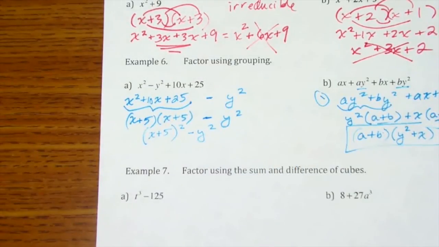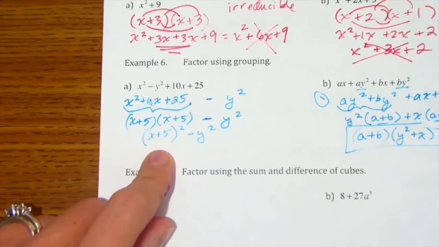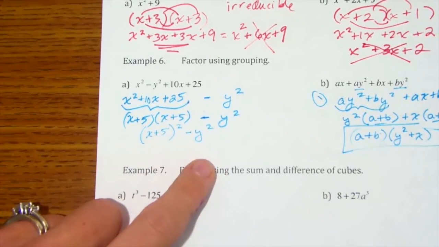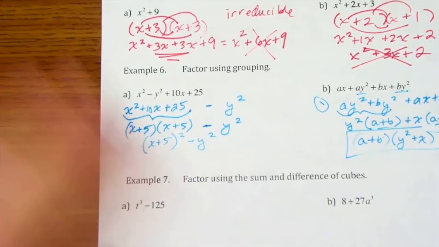Uh-oh. What do you guys notice you have? One person mumbled it. What is this? A binomial, a trinomial? This is a binomial squared minus a monomial. So it's a difference of squares, just like the first one. Binomial squared minus a monomial squared.